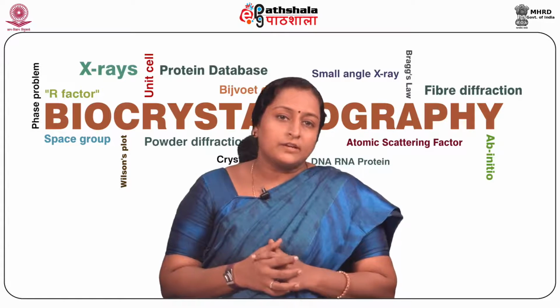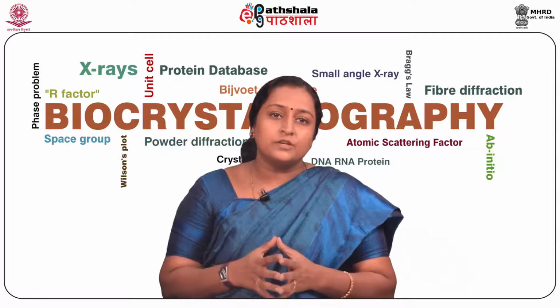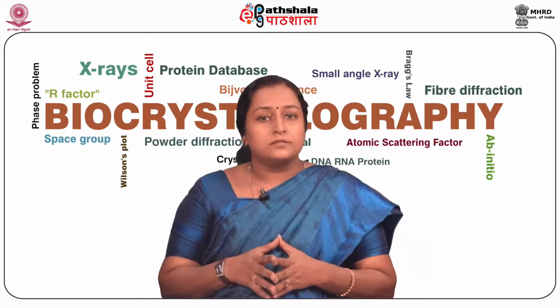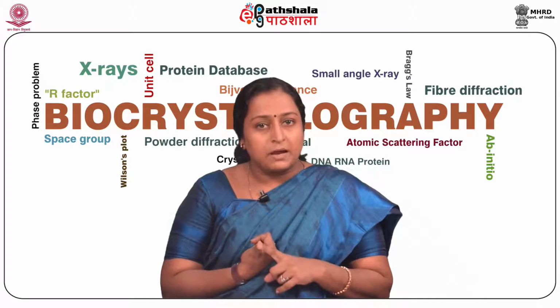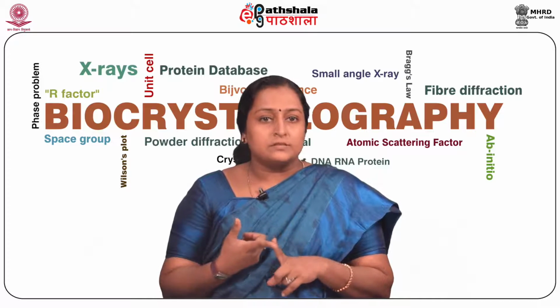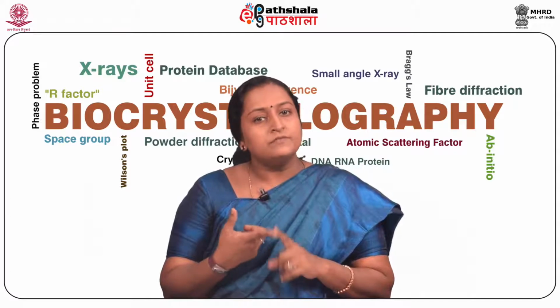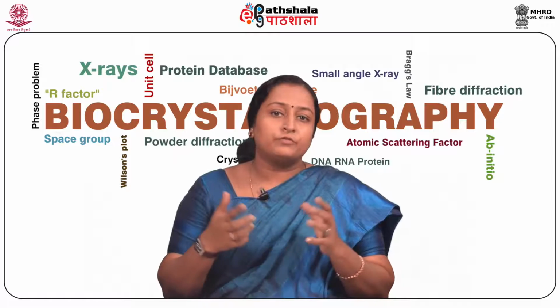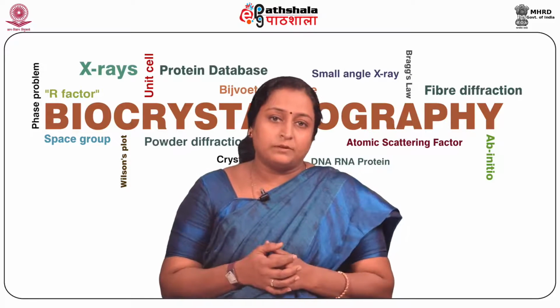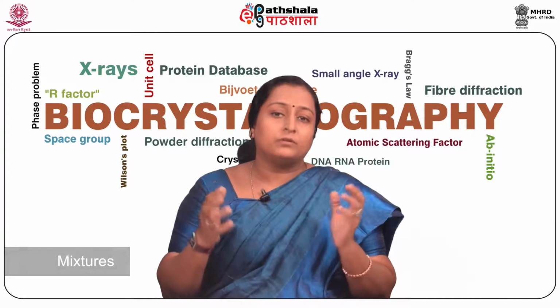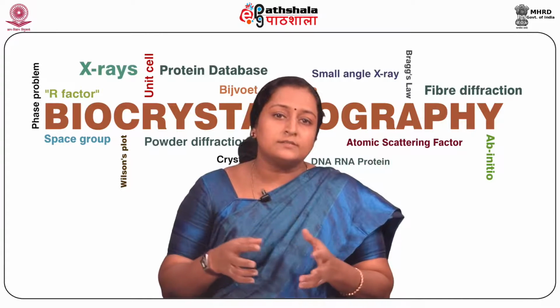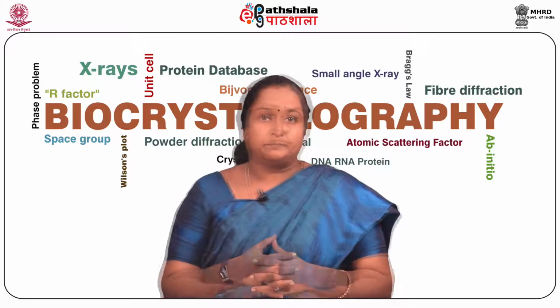Small angle X-ray scattering studies are used to distinguish three important cases. One, the monodispersed systems, that is identical particles; polydispersed systems, which have the same chemical composition but differ in size and shape; and also to study mixtures of compounds which differ in chemical composition, size, and also in shape.